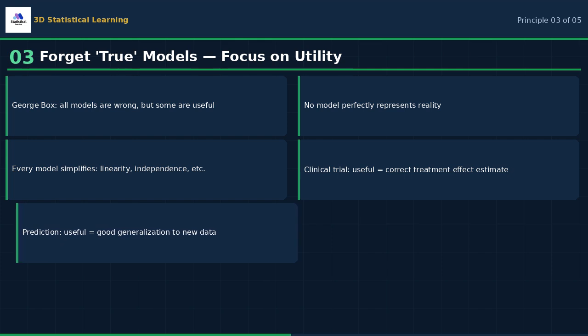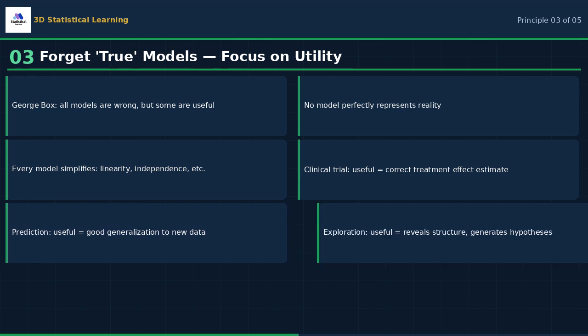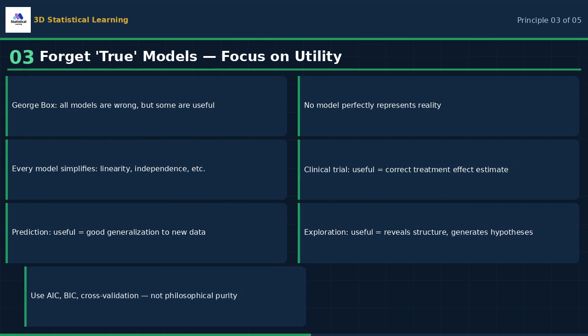Utility means different things in different contexts. In a clinical trial, a useful model correctly estimates the treatment effect while controlling for pre-specified covariates. In a predictive algorithm, a useful model generalizes well to new data. In an exploratory analysis, a useful model reveals structure that generates testable hypotheses.